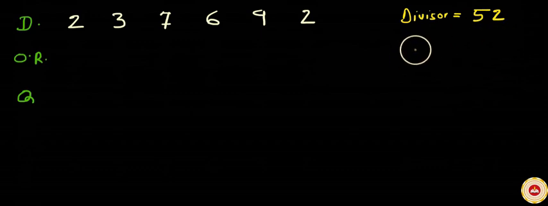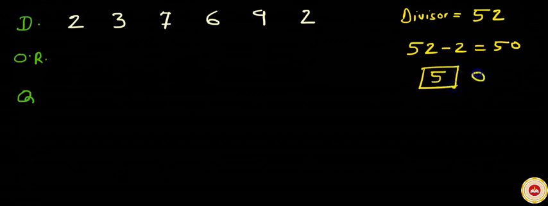So no need to multiply by some suitable multiple and so on. So 52 minus 2 is equal to 50. Neglect the 0 and write 5 as it is, and this is negative osculator. Now let us osculate given number by this negative osculator 5.